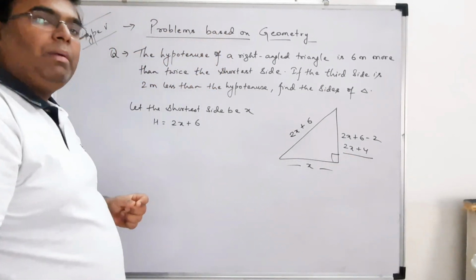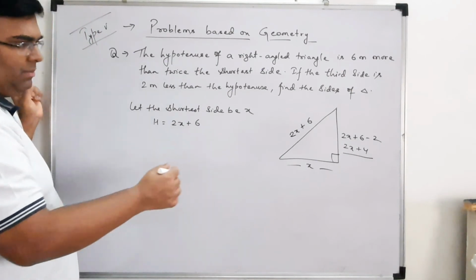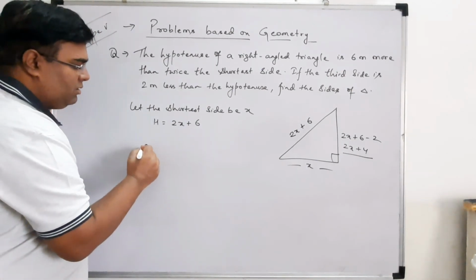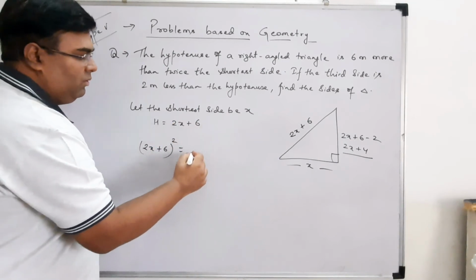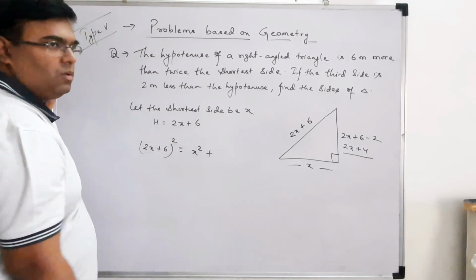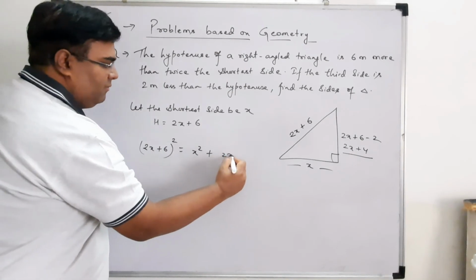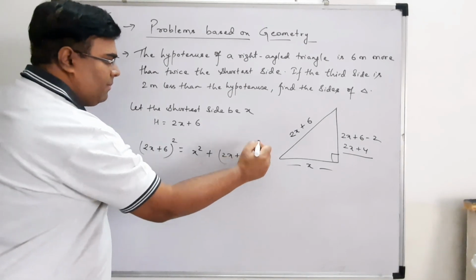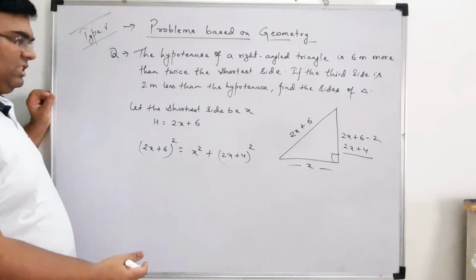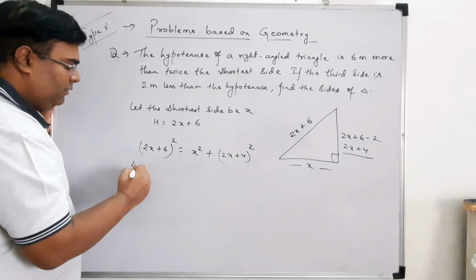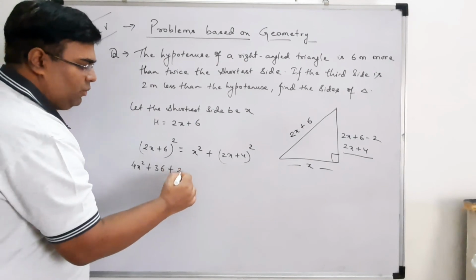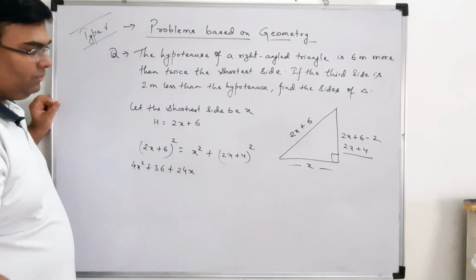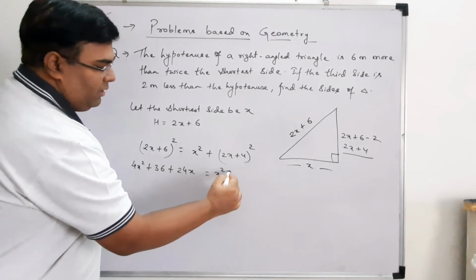So we know how to apply the Pythagoras theorem. So let us apply here: hypotenuse square is equal to the sum of the squares of the other sides. Correct? Let us expand it. It will be 4x square plus 36 plus 24x equals x square.